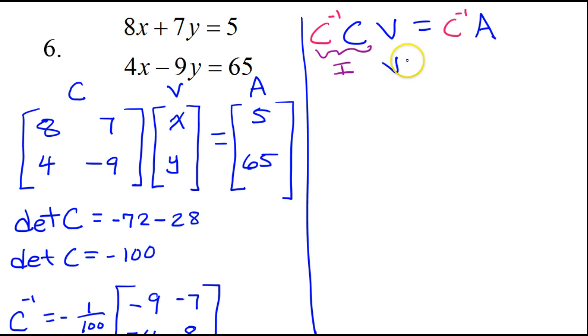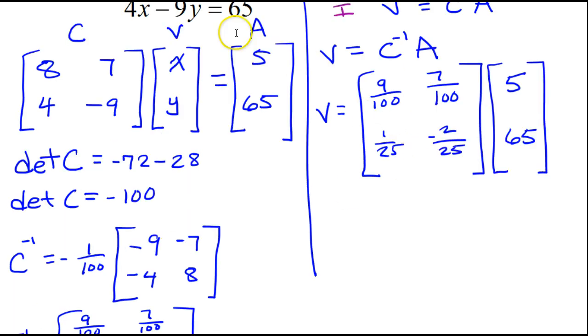That gives me the identity matrix times matrix V is equal to C inverse times A. When you multiply the identity matrix times a matrix, it doesn't change anything. You're just going to get the same matrix back. So matrix V, the variable matrix, should equal the inverse of C times matrix A.